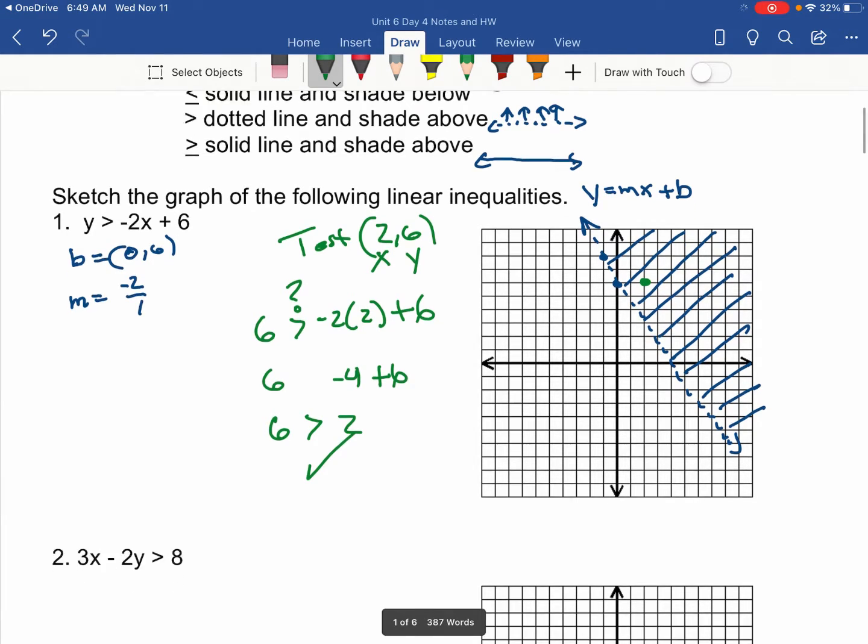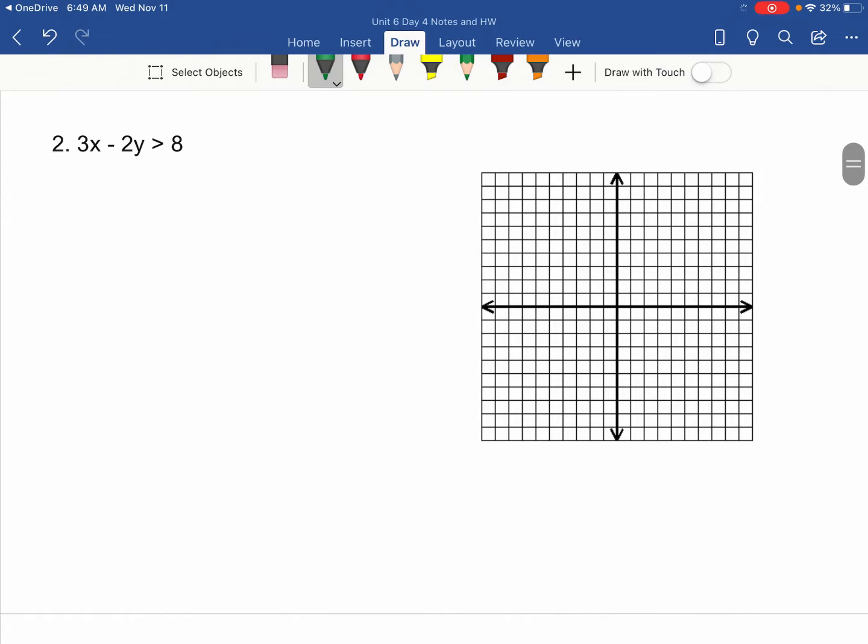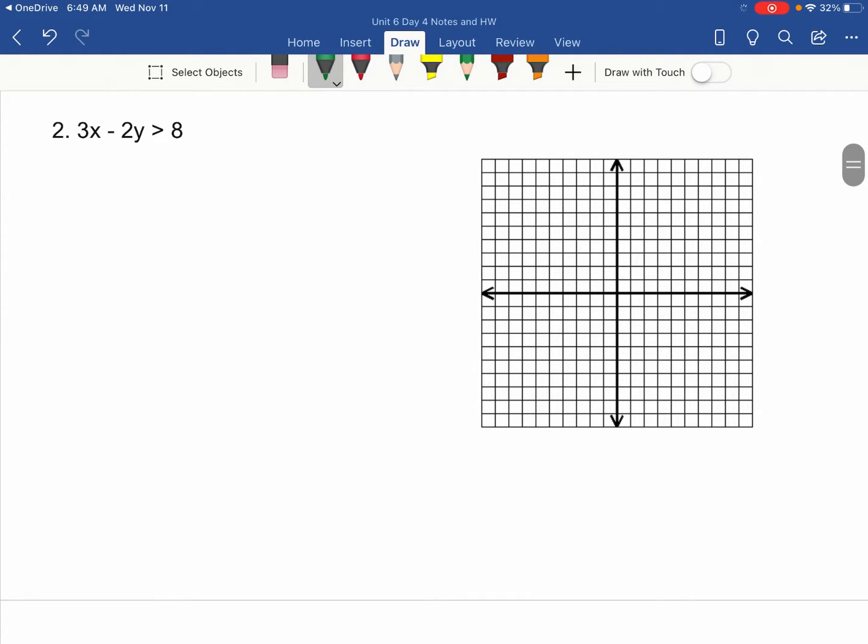All right, let's look at number 2. Notice that it is in standard form. In order to graph it, we want it to be in slope-intercept form, or y equals mx plus b. So we've got to do a little bit of algebra and move some stuff around. I'm going to move my 3x.